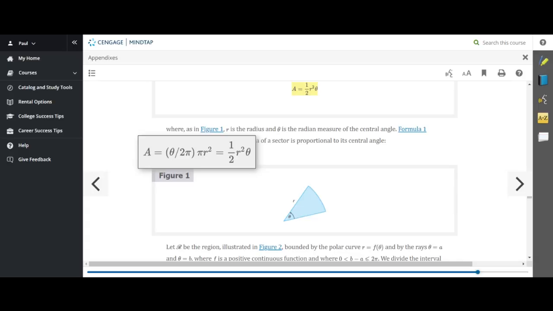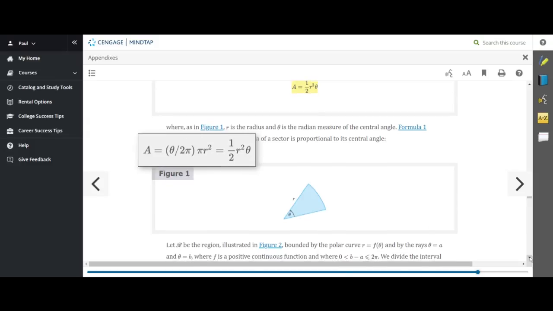That formula would reduce to area equals 1/2 r squared times 2 pi, which is pi r squared. That's the area of a circle. I'm just trying to make the formula a little more intuitive for you.